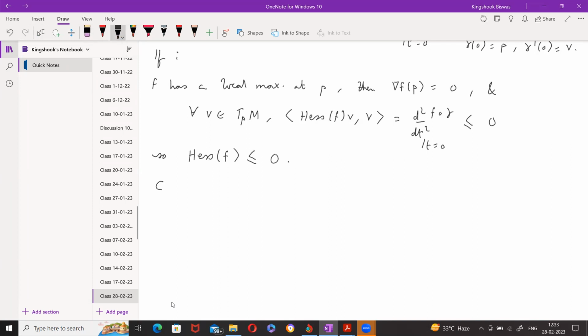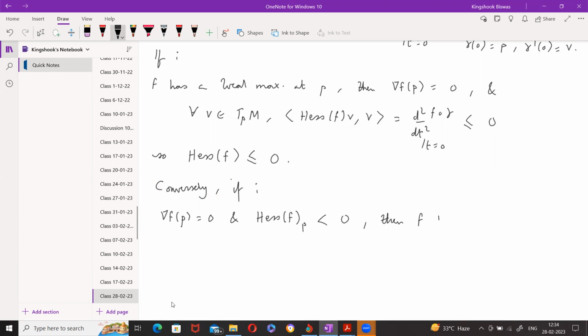And so similarly, like we proved in Rn, if say grad f at p equals 0 and the Hessian of f at p is strictly negative, so negative definite, then f has a strict local maximum at p.